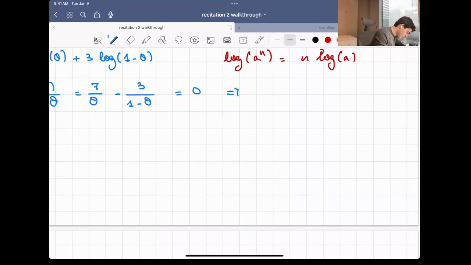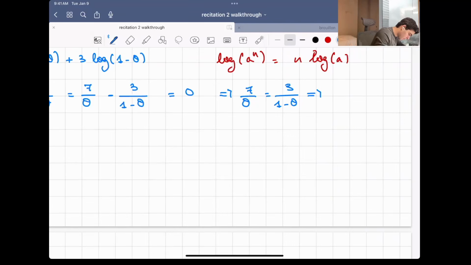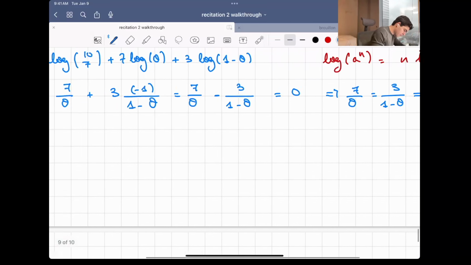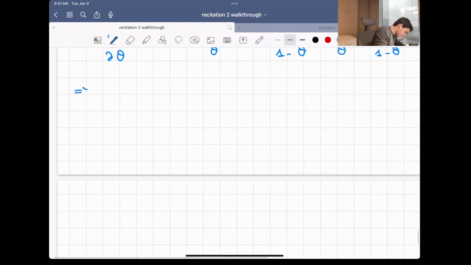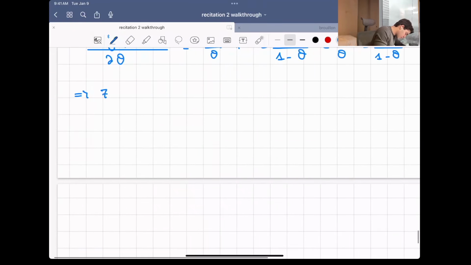This implies 7 over theta is equal to 3 over 1 minus theta. This implies 7 times 1 minus theta minus 3 theta equals 0. This implies 7 minus 7 theta minus 3 theta equals 0.